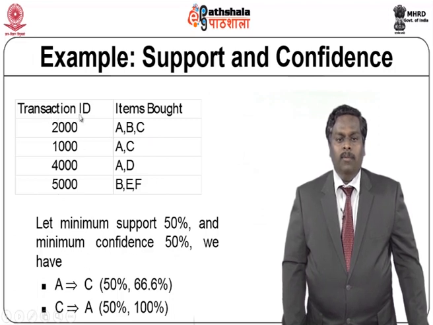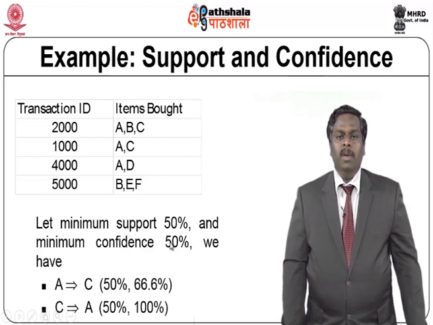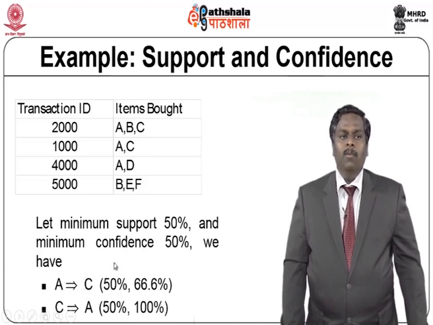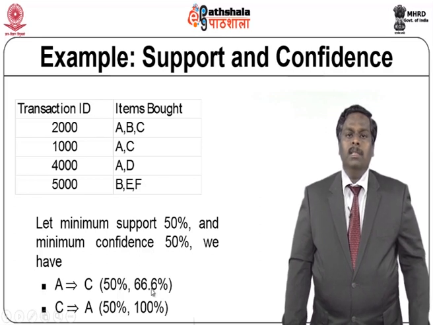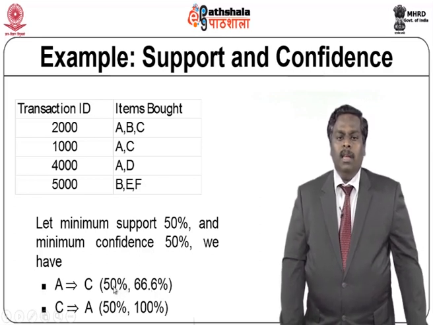Consider here there are 4 transactions with various items. Now, if the minimum support is 50% and minimum confidence is 50%, we can derive a rule A implies C. For this rule, to derive the support and confidence, support, as I already mentioned, is the probability of occurrence of A and C together.